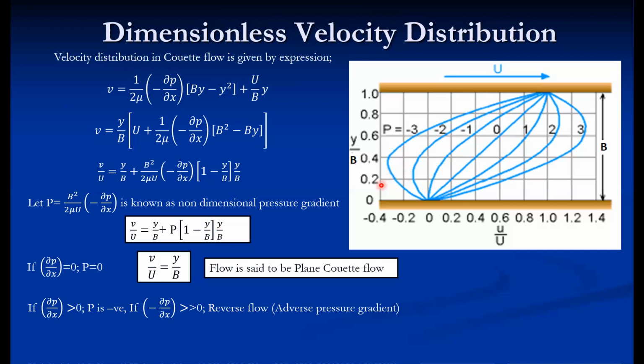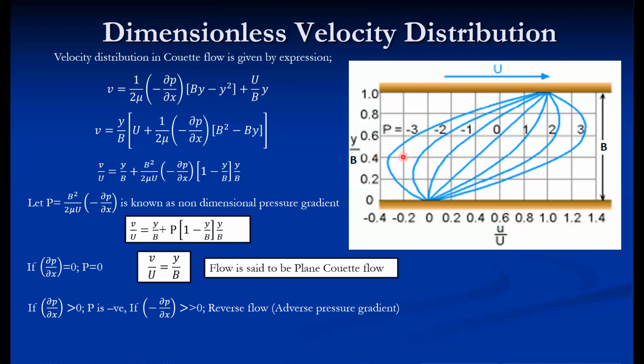So for example, if Y by B is 0.2, then V by U is not equal to 0.2, it's slightly less than 0.2. It comes around 0.1 or 0.05.